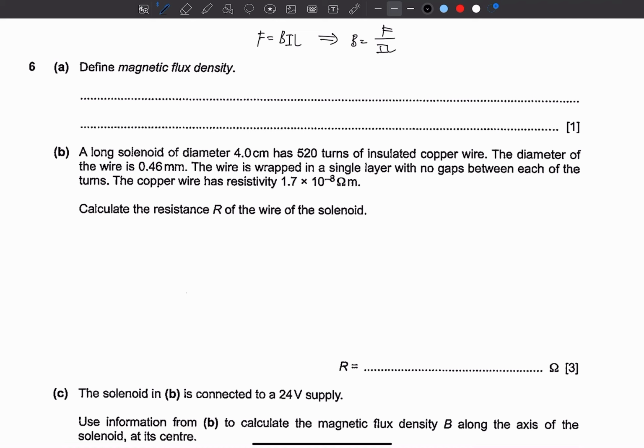So if you just look at the formula, magnetic flux density is equal to the force per unit length acting on a current-carrying conductor that is placed at a right angle to the magnetic field.